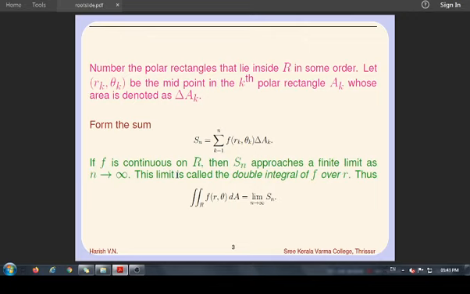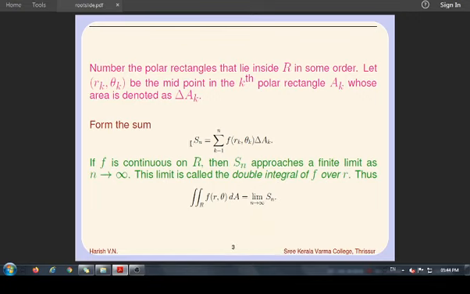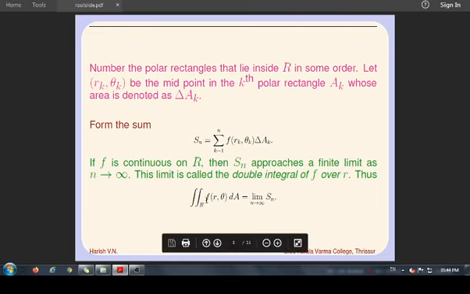In that case, this Sn approaches a finite limit, and that limit is called the double integral of f over capital R. Here there is a mistake, it must be capital R. Thus, double integral over R f of r, theta dA equals limit n tends to infinity Sn, where Sn is given by this formula. So this is the definition of the double integral of a function defined over a polar region R.